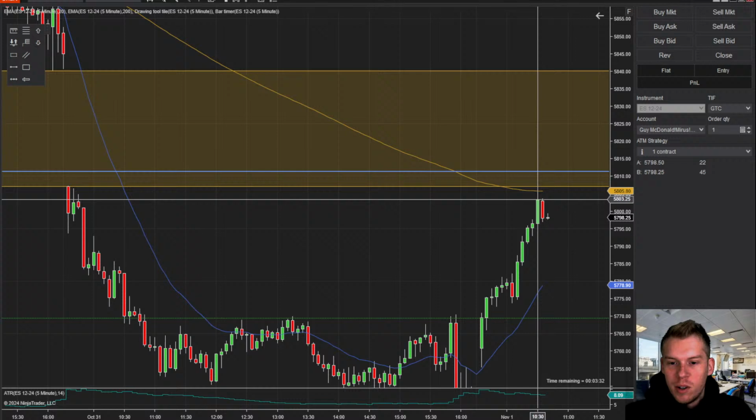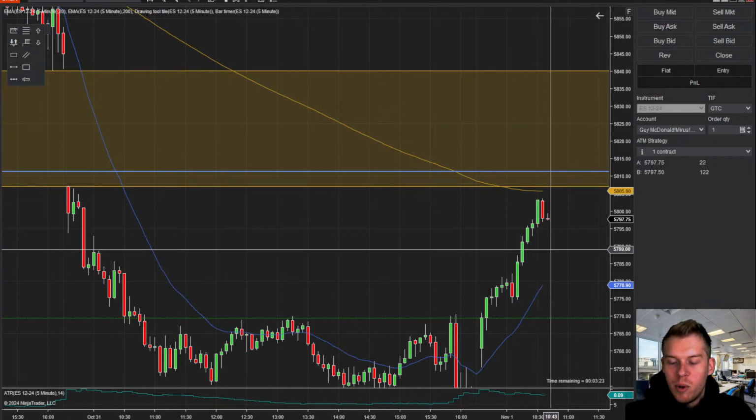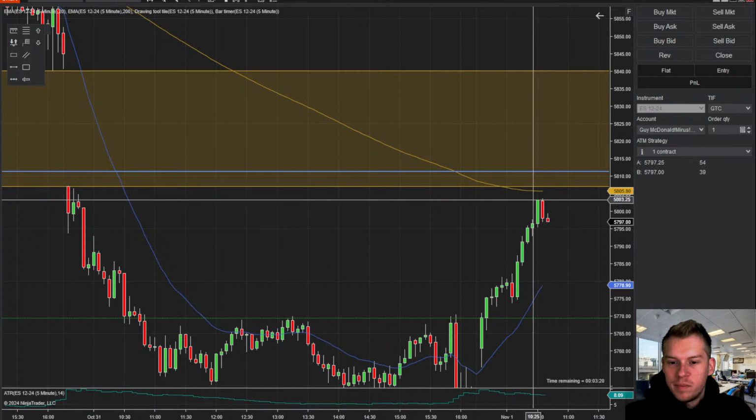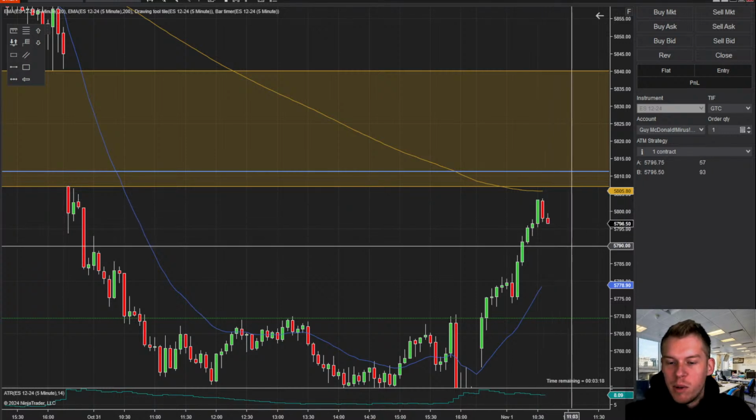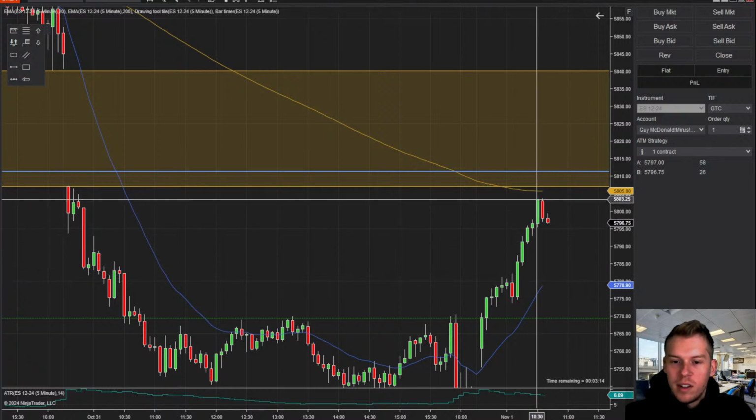So people will buy the close, betting that either it continues to go up and they make money, or they'll be able to buy more lower and scale in and make money. And they bet that the pullback won't be so strong that they wouldn't be able to get out with a profit. So they'll buy this close as well.